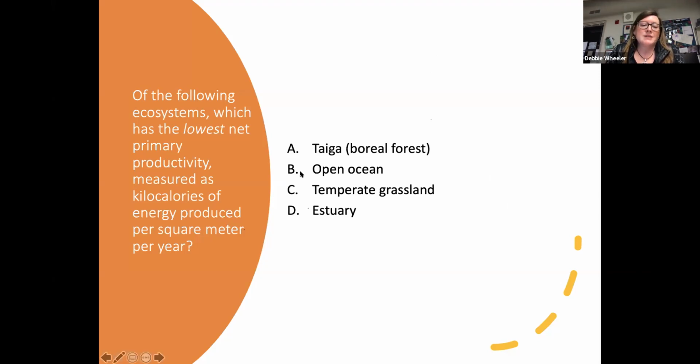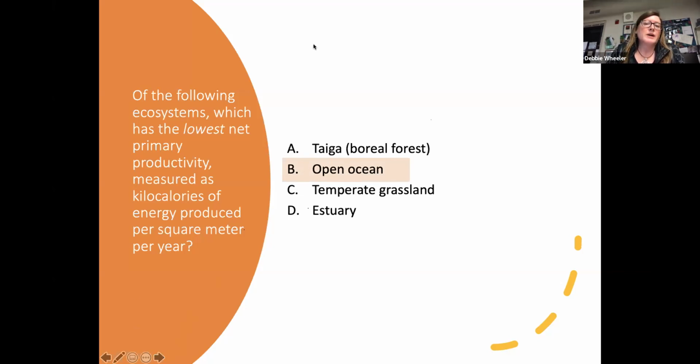So the best answer is open ocean, and that's because the units are in kilocalories of energy per square meter. So the ocean has really high productivity, but if you're dividing that over the area, 70% of our globe is ocean, it's going to cause the number that you get to be fairly low.